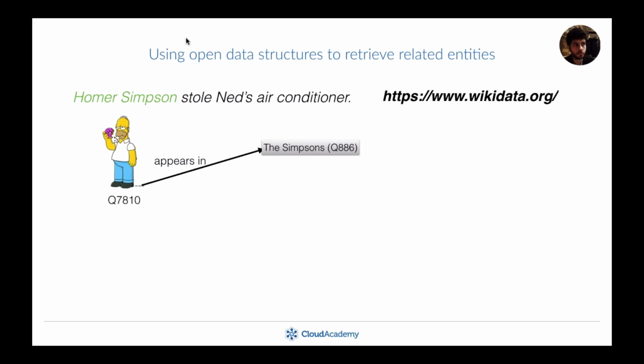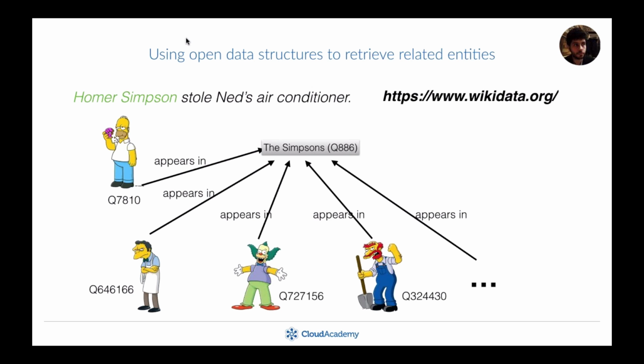And then we can ask Wikidata which other characters appear in that same series. And we get this information and several others. So we get Mo, we get Krusty the Clown, we get Groundskeeper Willie, and so on. This can be considered a reasonable way to propose wrong answers, which are wrong, but not obviously wrong.